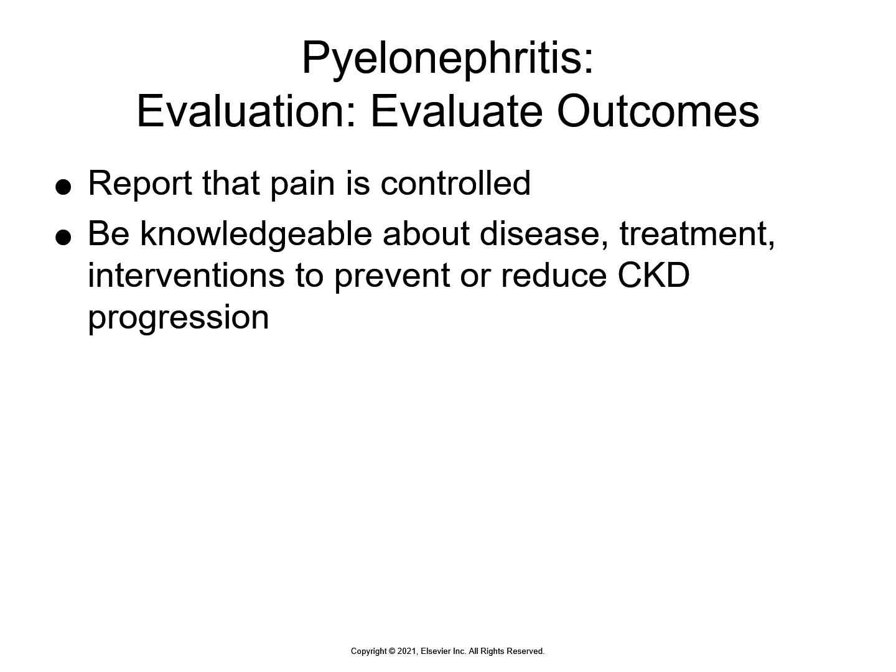So how are you going to evaluate your outcomes? One thing is that the pain is controlled. That's what you would say would be your goal. You want to make sure the pain is controlled. And also be knowledgeable about the disease, treatment, and interventions to prevent or reduce chronic kidney disease progression.